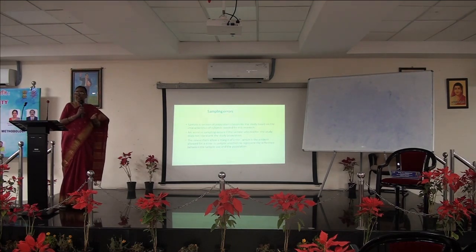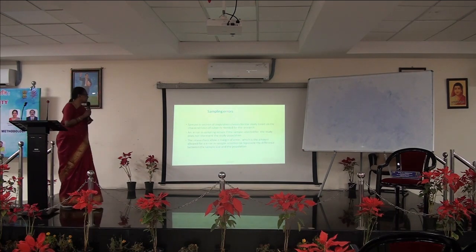All inclusion or exclusion criteria include the characteristics. An error in sampling occurs if the sample selected for the study does not represent the study population. So it should be representative of the study population.